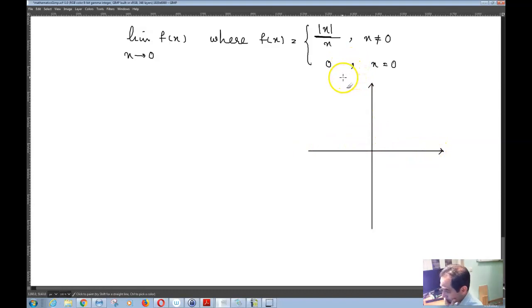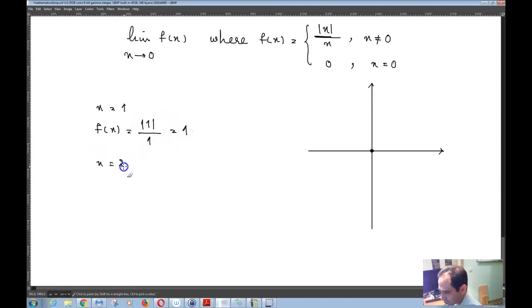So you know that the value of this function is 0 at x is equal to 0, this point over here. And this function is giving you, for example, let's say that at x is equal to 1, f of x is equal to the absolute value of 1 over 1, which is equal to 1.